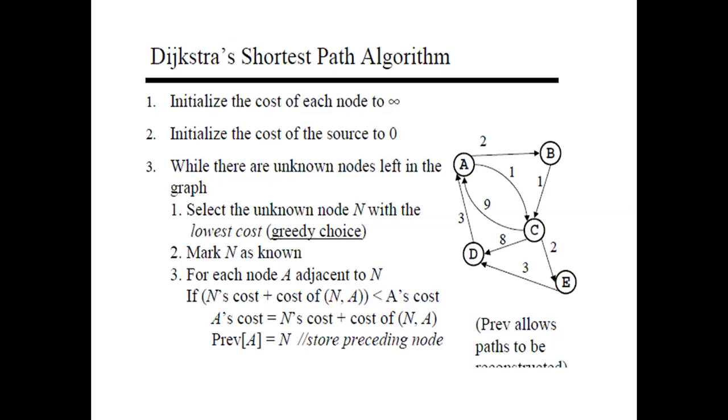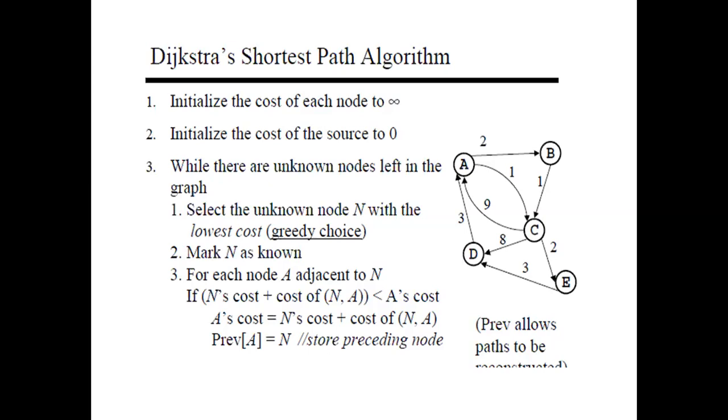Here we use a greedy choice. Why? Because Dijkstra's shortest path is a minimization problem, that is nothing but optimization. An optimization problem can be solved by using a greedy approach.